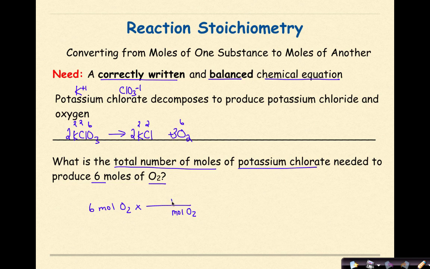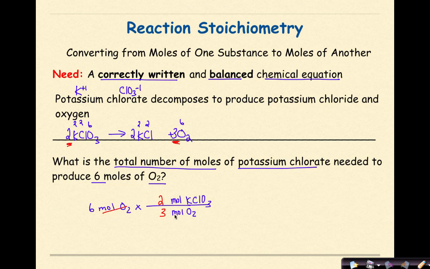What I want is moles of KClO3. Now, where do I get these numbers? I get these numbers from the coefficients from my balanced equation. So I'm going to take the 3 in front of the O2 and put it on the bottom. I'm going to take the 2 in front of the KClO3 and put it on top.